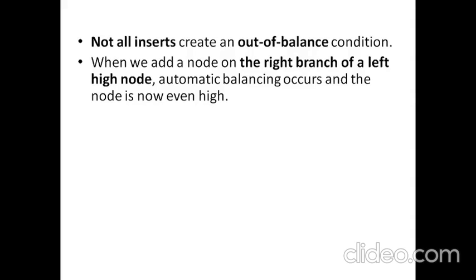In that case, if a new node is inserted in the left subtree or in the right subtree, it's not going to cause out of balance, because it's only going to make them evenly balanced. So that has to be ensured and verified, whether the condition of the tree right now is even balanced, left high or right high. Accordingly, it could result in out of balance or no out of balance.